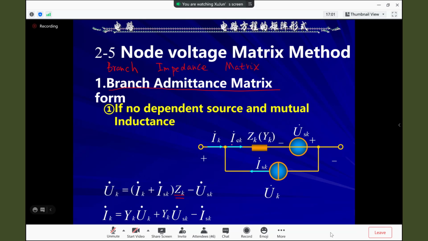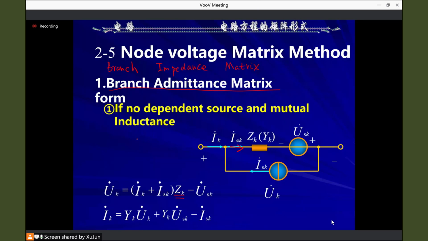This means Iek, this current, is the total of Uk plus Usk. This voltage is Uk plus Usk, this Uk, this Usk.